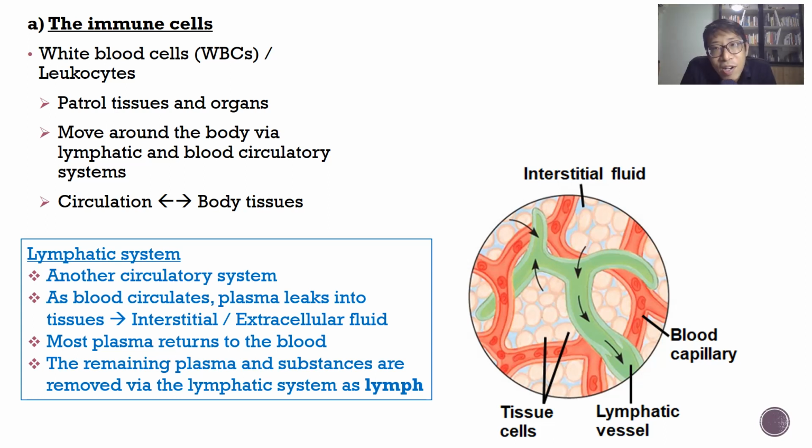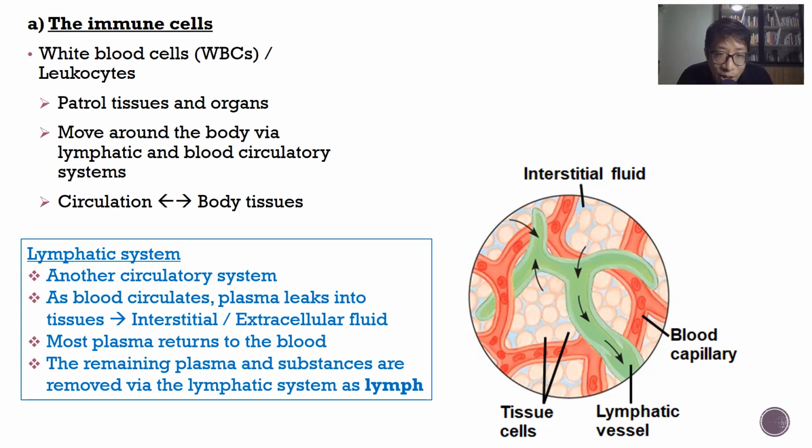In many parts of the body, the plasma is actually forced out of the capillaries, and the plasma would then surround our tissues, our cells, as extracellular fluid.